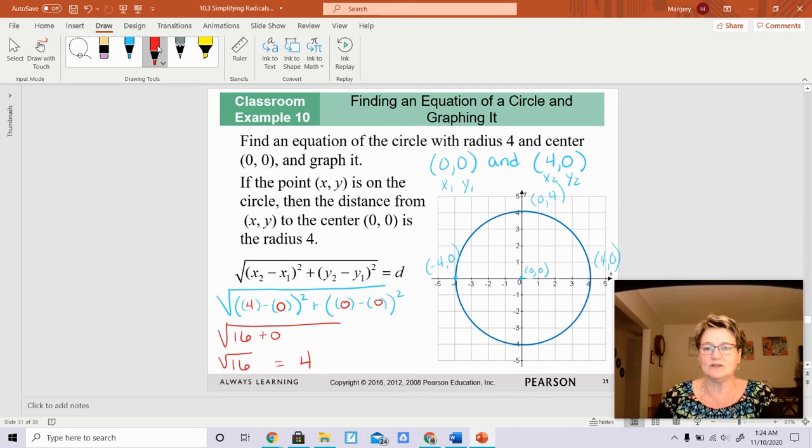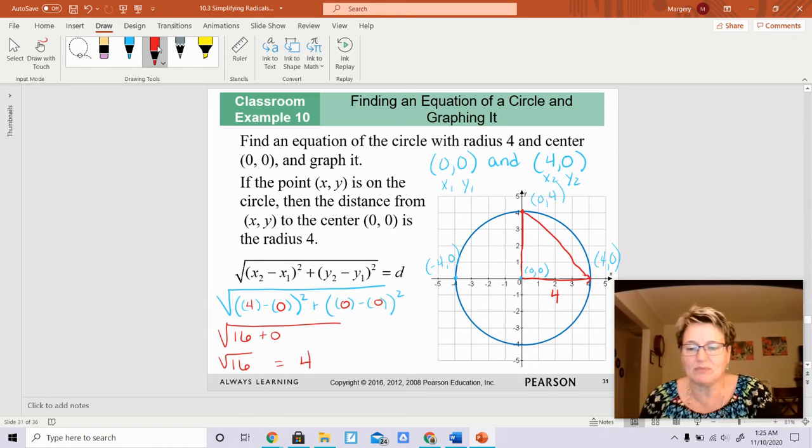Find an equation of a circle with radius 4 and center 4 and graph it. So this is 4, and this is 4. And if I did this, whoosh, I know that this is 4.